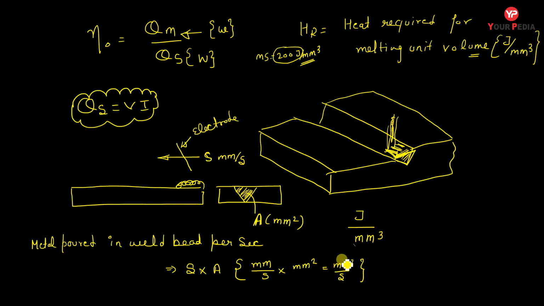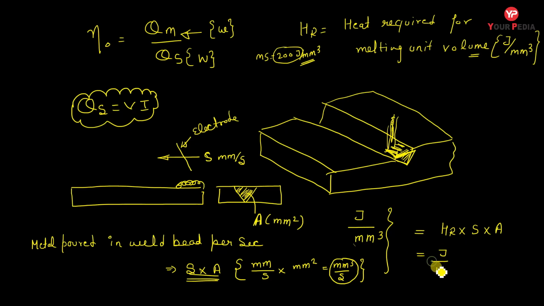That means this much mm cube per second metal is melted from the electrode, and for 1 mm cube metal, this much joule of heat is required. So if I multiply both the quantities, I get another quantity, that is HR into S into A. Can you calculate the units of this quantity?